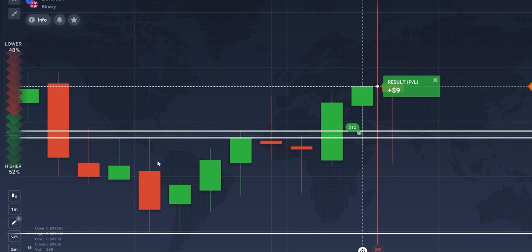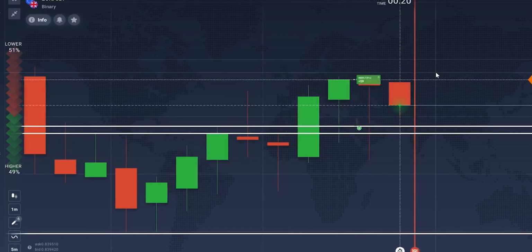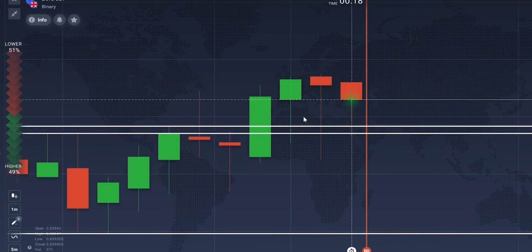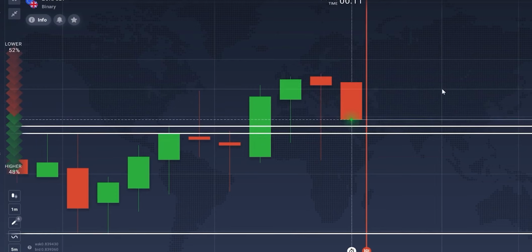Even during the retracement, when the support turned into resistance and then broke again, we were still able to make a profit from the price movement on the return. And even if we had traded on the next candle, you can see that it has a long shadow as well, and we could have profited from that one too.